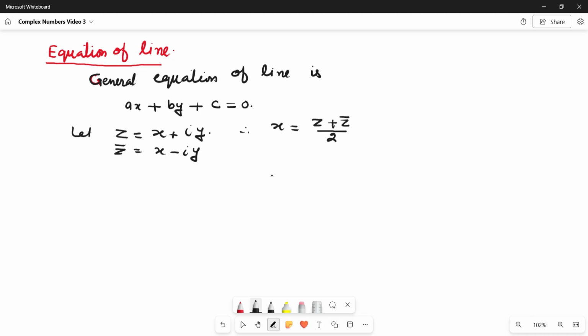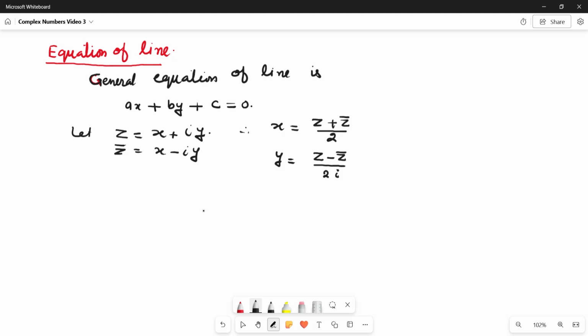And if we subtract, we get y is equal to z minus z bar upon 2 iota. We have to divide by iota. If we subtract, x will cancel out, iota y plus iota y, 2 iota y, we have to divide by 2 iota, so we get y.